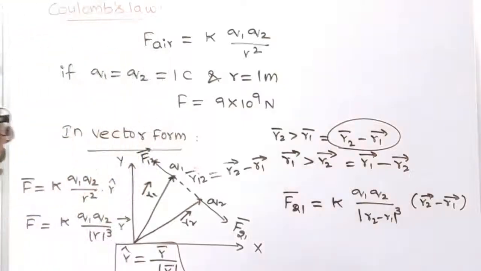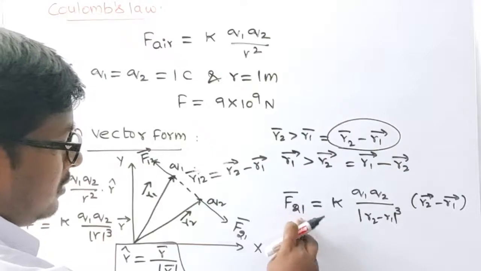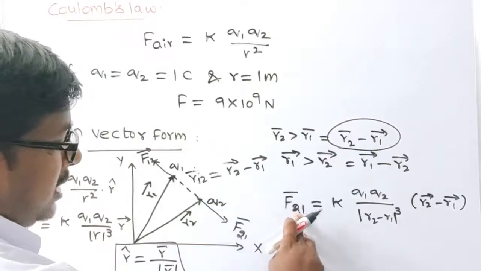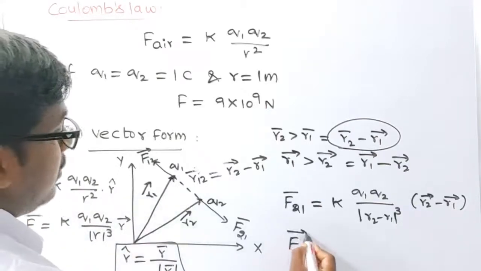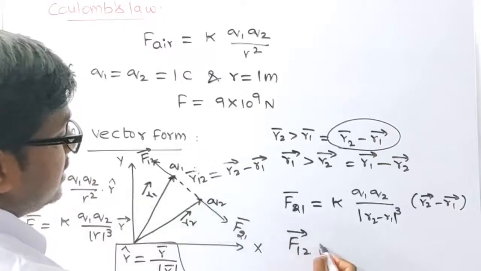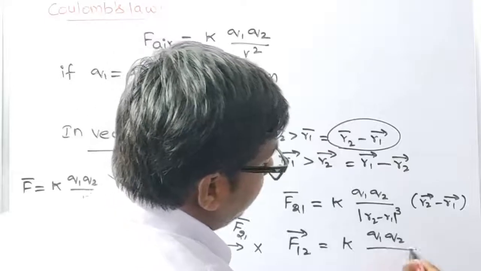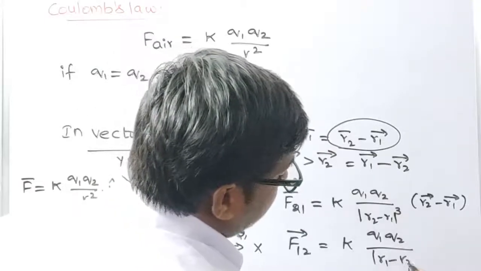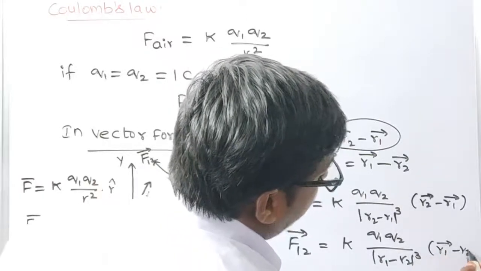This is the formula. And the force acting on the first charge due to the second charge, F12, is equal to k into q1 q2 by mod of r1 minus r2 whole cube into r1 bar minus r2 bar.